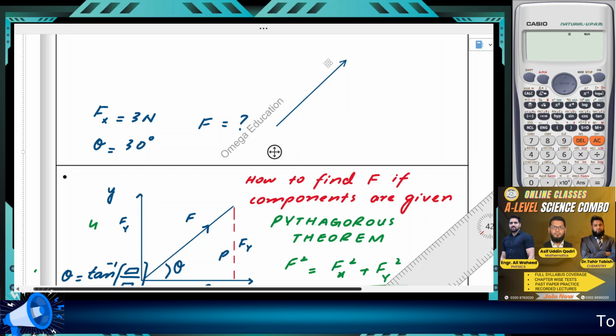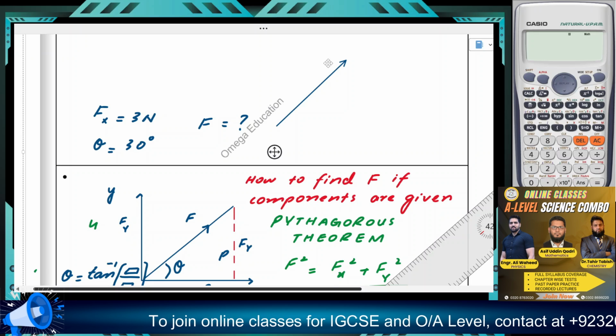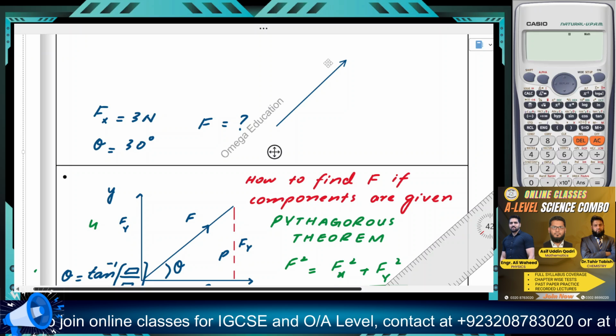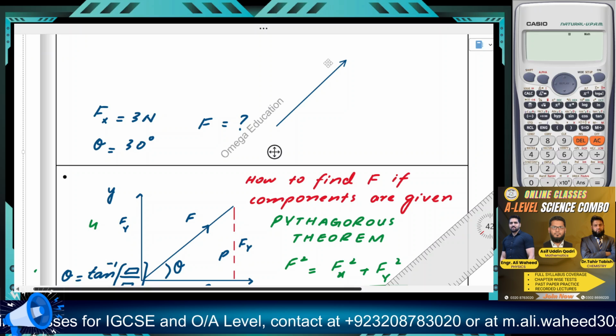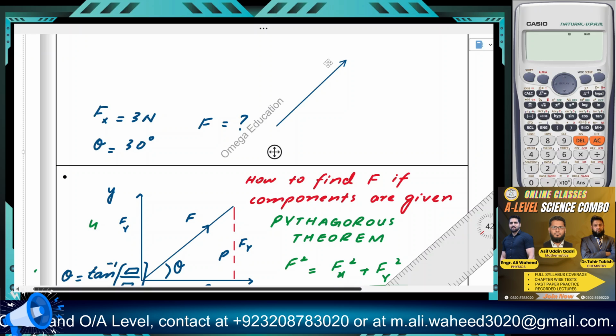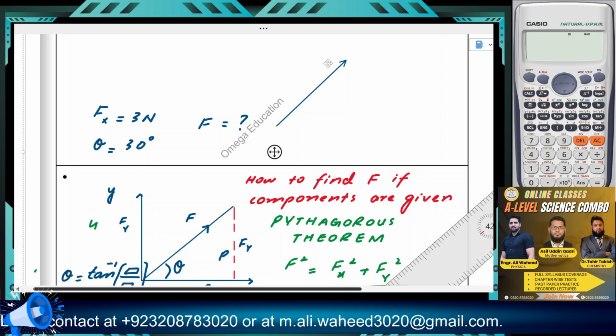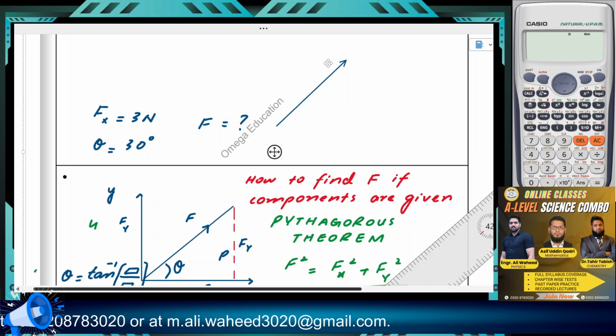So for example, I can safely say that this is one of the components along this direction.